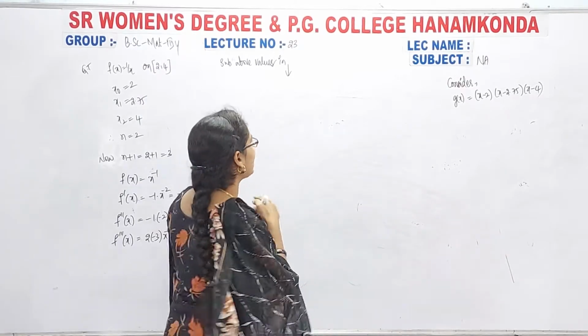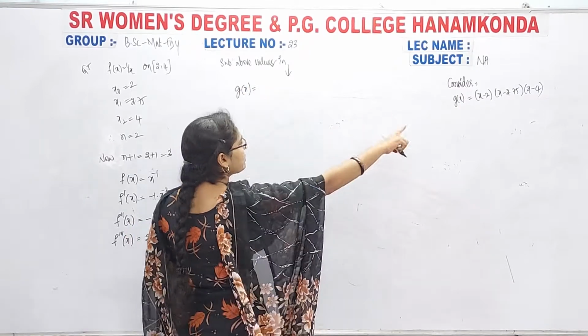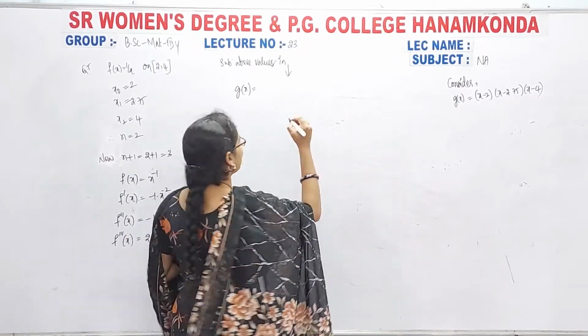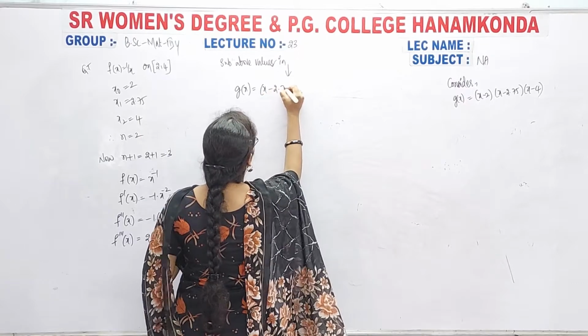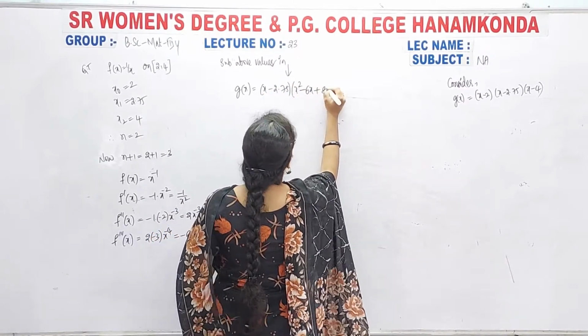Now just calculate the value, g of x is equal to, first of all I am calculating (x minus 2)(x minus 4), then (x minus 2.75) into (x square minus 6x plus 8).